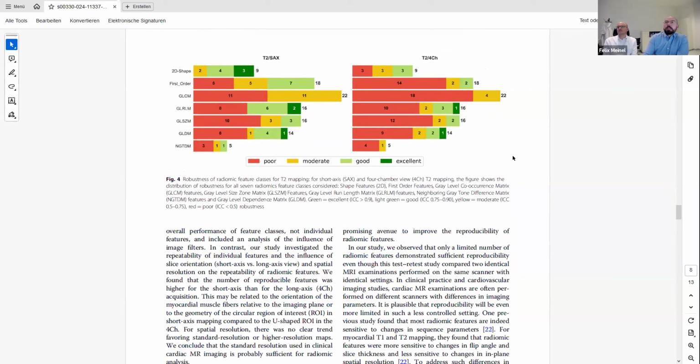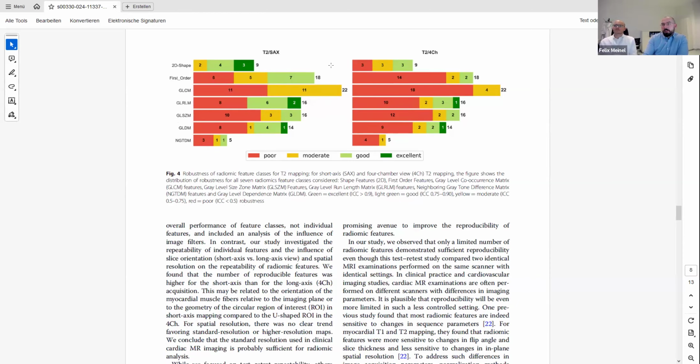It means for T2 mapping we only collected the standard resolution. We don't have high resolution for that, so we have only 2 columns of results here, but we analyzed it in the same way.